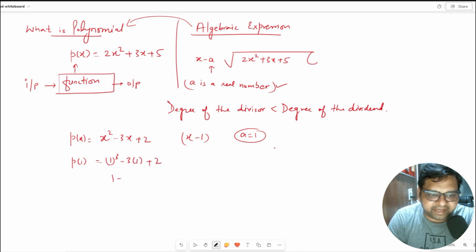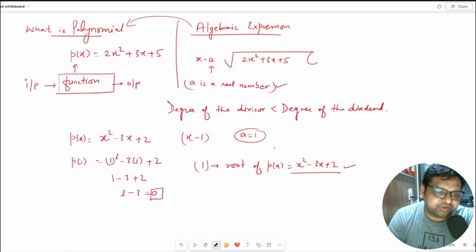So it will be 1 minus 3 plus 2. That will become 3 minus 3, and it will become 0. Okay. So because it has become 0, in that situation you will say that 1 is the root of p(x), and p(x) was x square minus 3x plus 2. So this is how it works, okay.